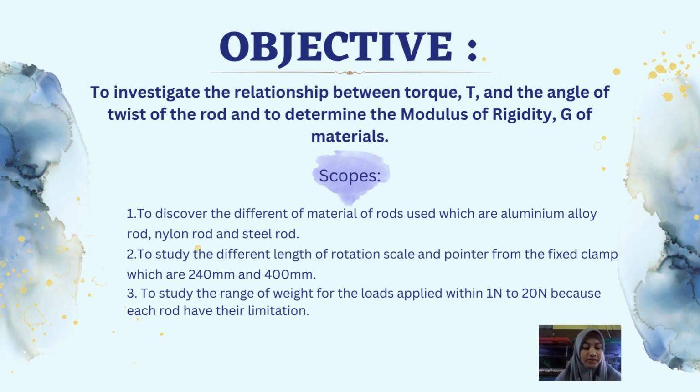To study the different length of rotation scale and pointer from the fixed clamp, which are 240 mm and 400 mm. And third, to study the range of weight for the loads applied within 1 Newton to 20 Newton because each rod has its limitation.